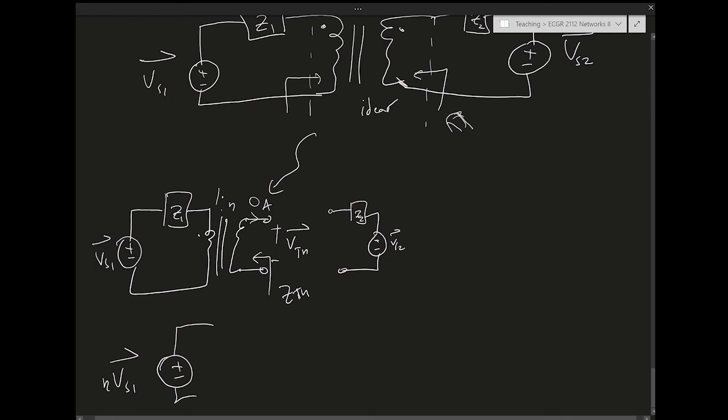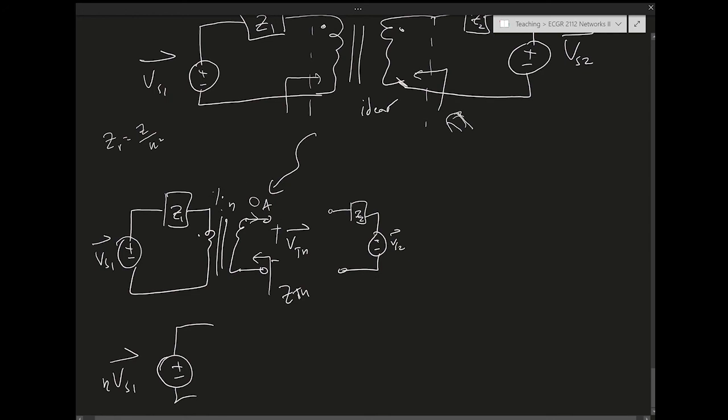Remember we said Z reflected is Z over N squared, but that's when we reflect the secondary to the primary. Here, the primary is acting as if it's the secondary because we're looking from the secondary.